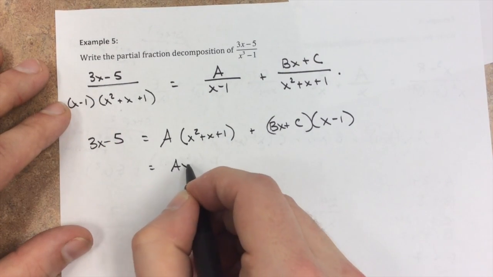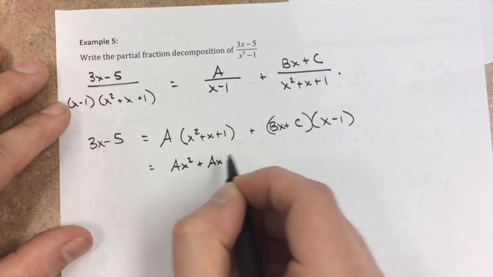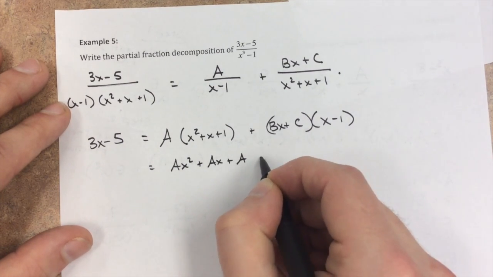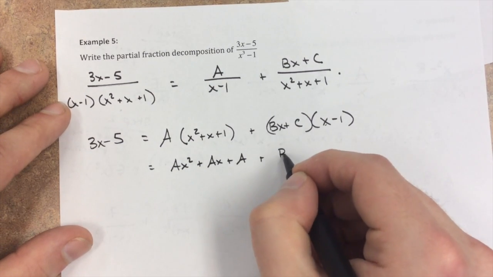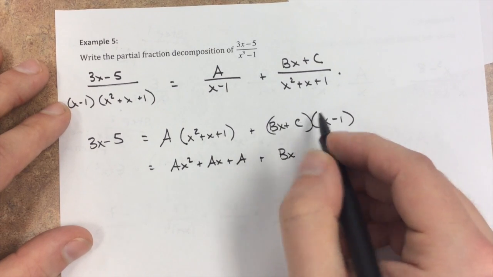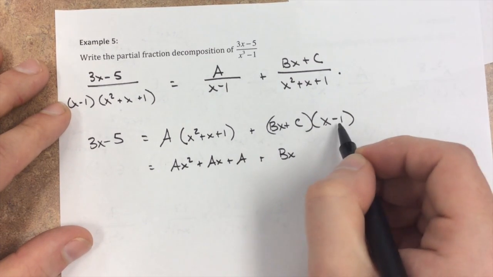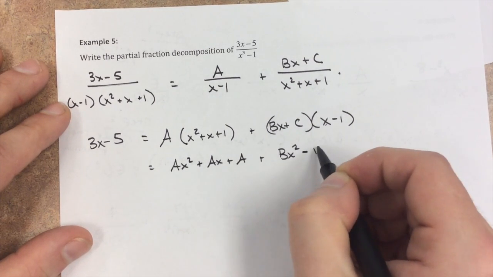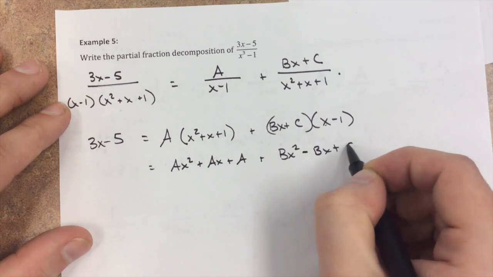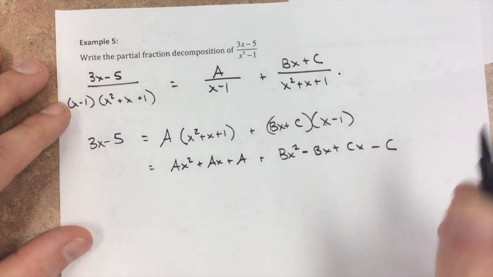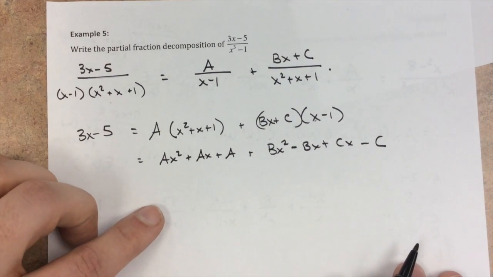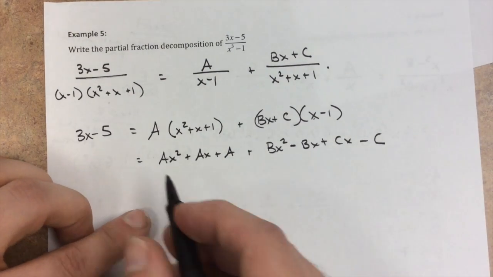This is Ax squared plus Ax plus A, plus, let's FOIL it, Bx squared minus Bx plus Cx minus C. Now we just group the like terms together.